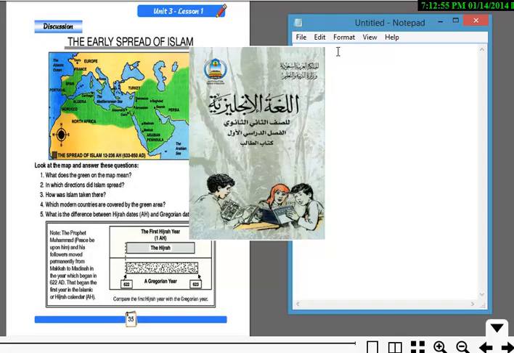If we're going to answer question number one, we're not just going to say, yeah, it's places where it was spread. No, we're going to try to answer it with more formal language, the correct one. What does the green on the map mean? I can't really write and talk at the same time.